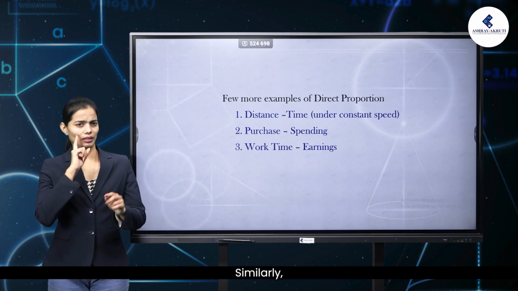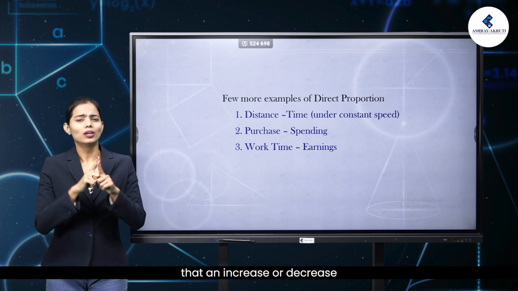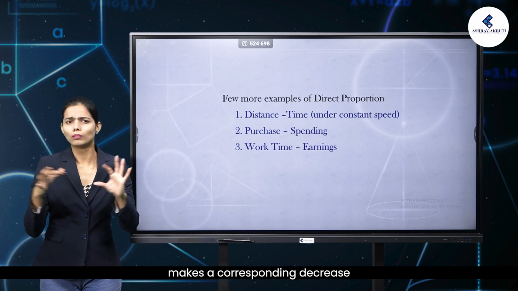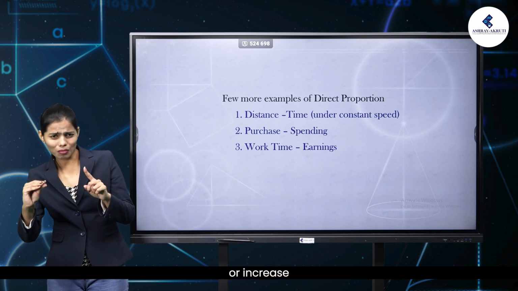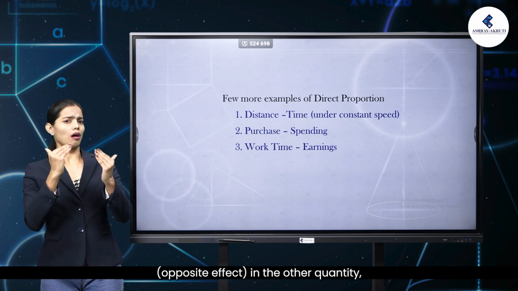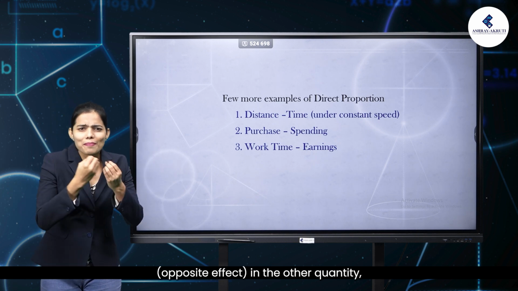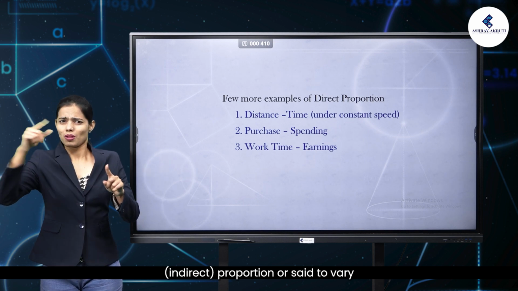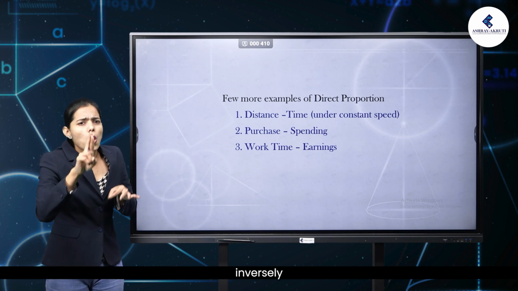Similarly, if two quantities are such that an increase or decrease in one quantity makes a corresponding decrease or increase, the opposite effect, in the other quantity, then they are said to be in inverse or indirect proportion, or said to vary inversely.